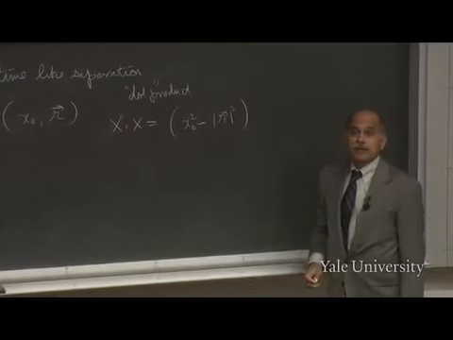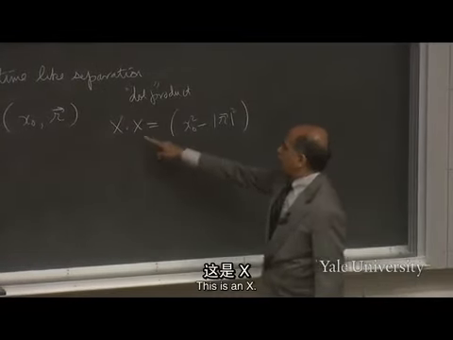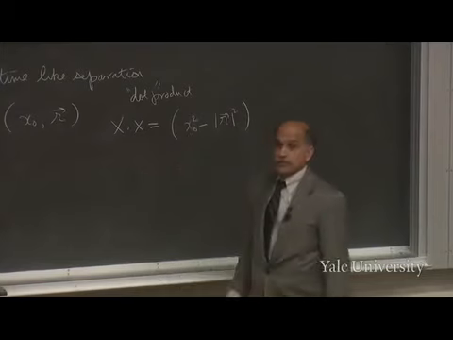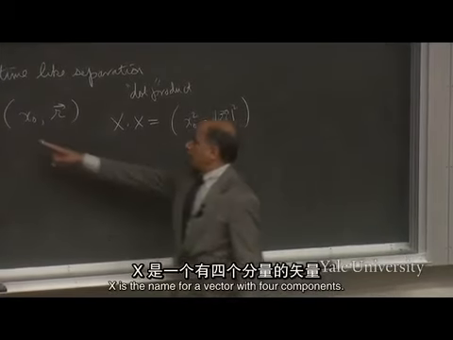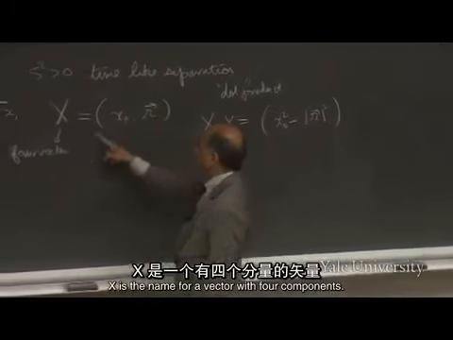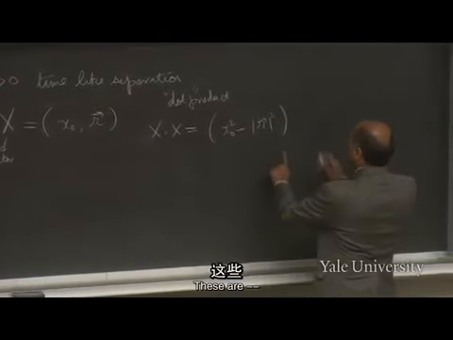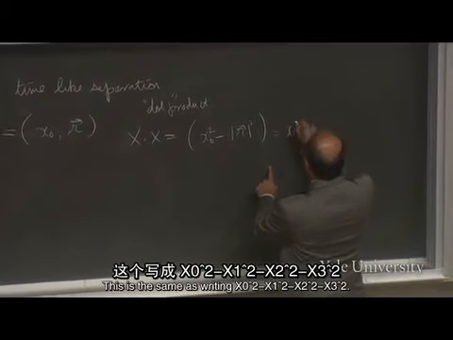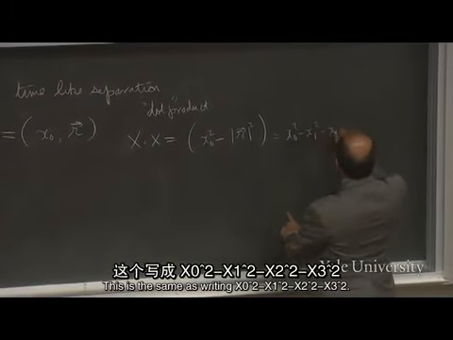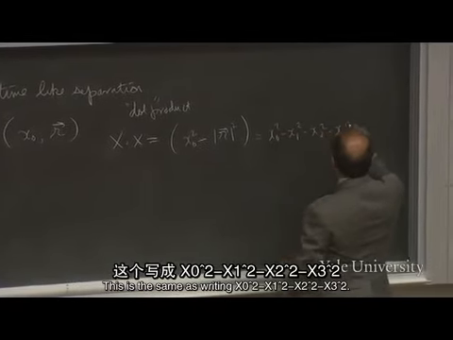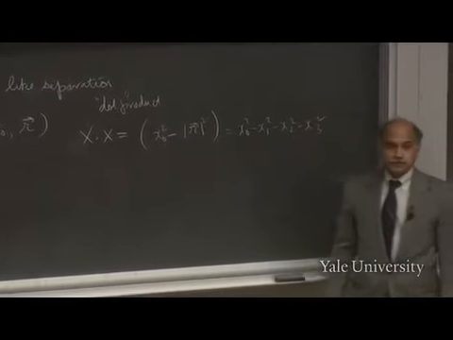Pardon me? Those all small x's? This is a big X. These are all small. Big X is the name for a vector with 4 components. It's a position vector in space-time. This is the same as writing x0 squared minus x1 squared minus x2 squared minus x3 squared.